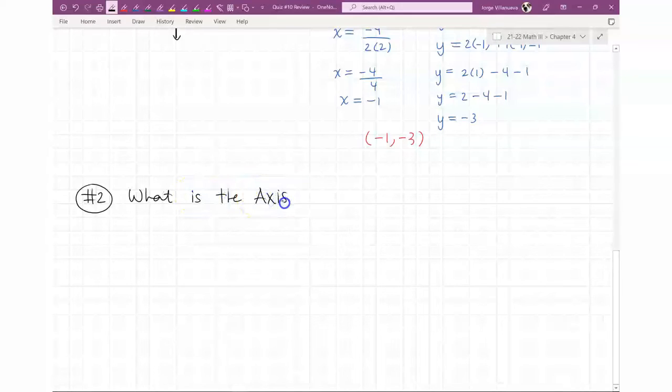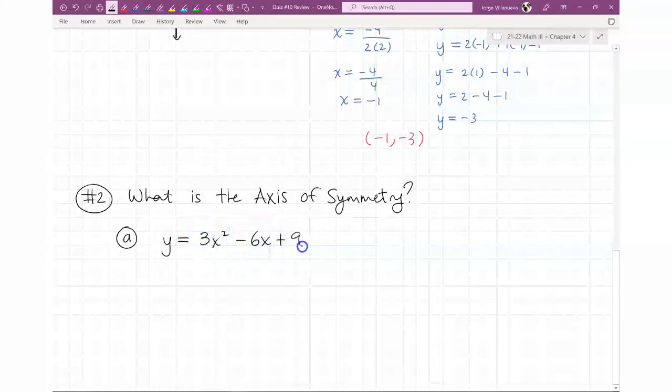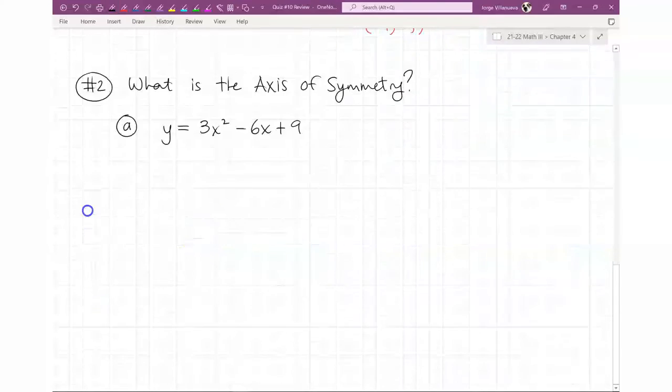Axis of symmetry. We're going to put A, and we'll put 3x squared minus 6x plus 9. That'll be our first one.